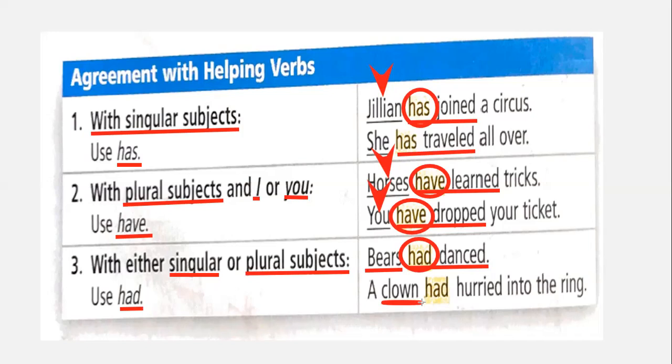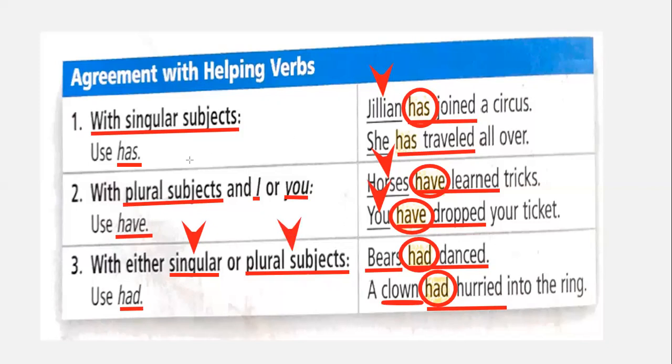No, it's just one. So this is singular. And notice how we are still able to use had in the verb phrase. This is our verb phrase here. Had hurried. We can use had, because had you can use with either singular, right here, look, it says it right here. You can use it with either singular or with plural subjects, okay?